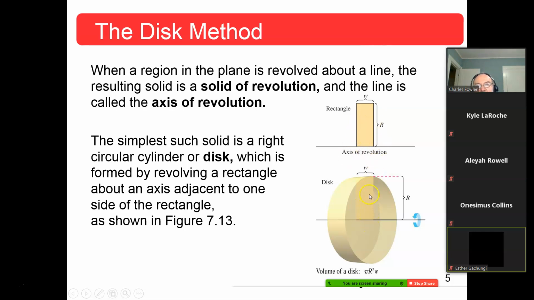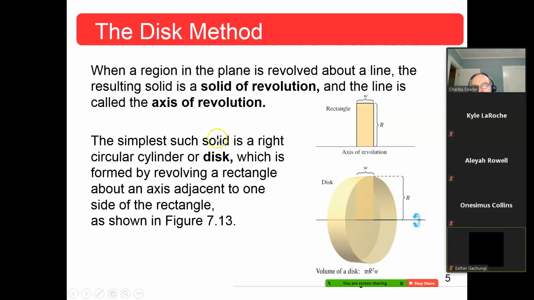And when you do, that little rectangle goes all the way around and shapes out a disk. The thickness of the disk is that same W we had. And now you see why we called that capital R, because that's the radius of that disk that you went around like this.